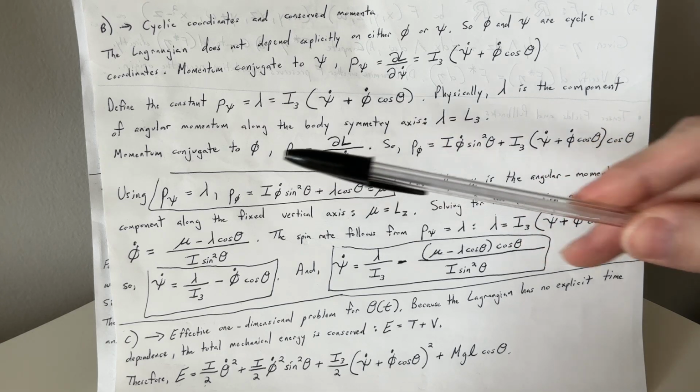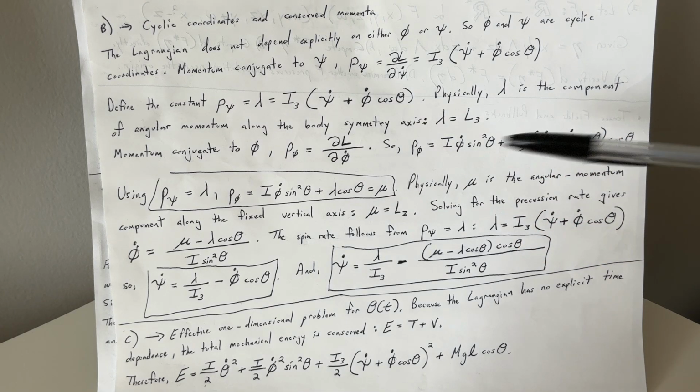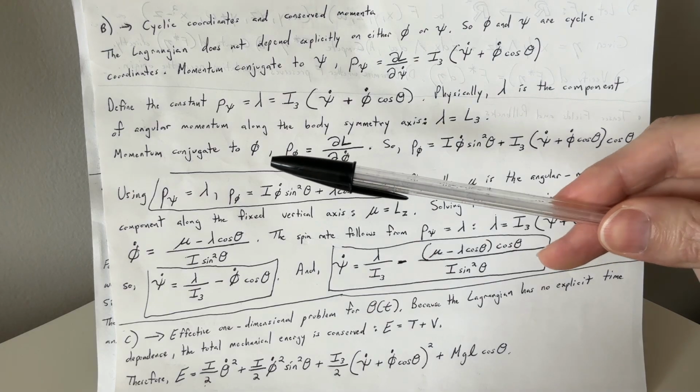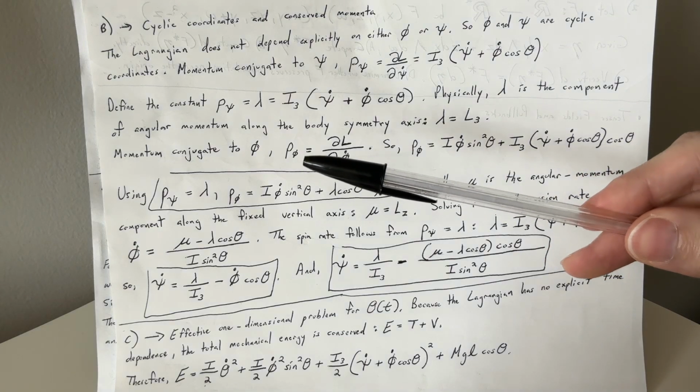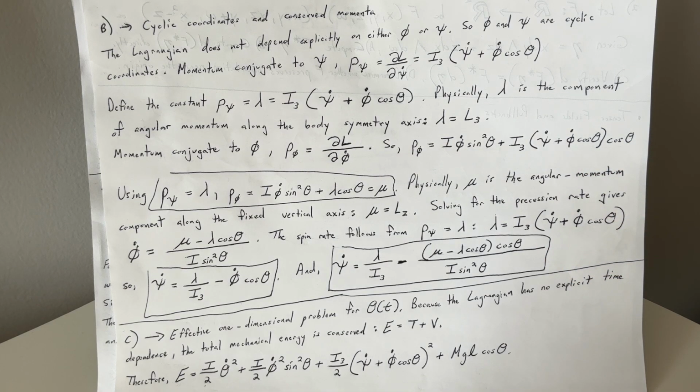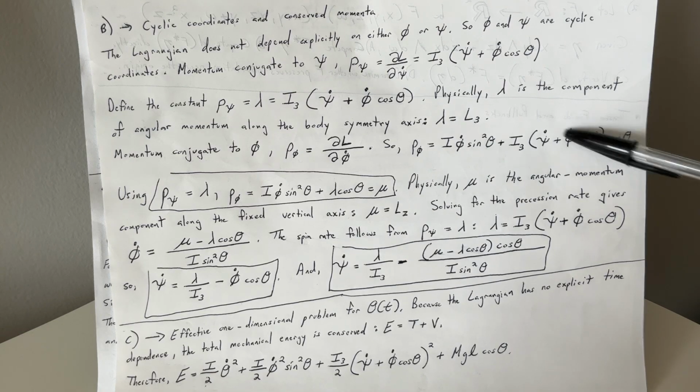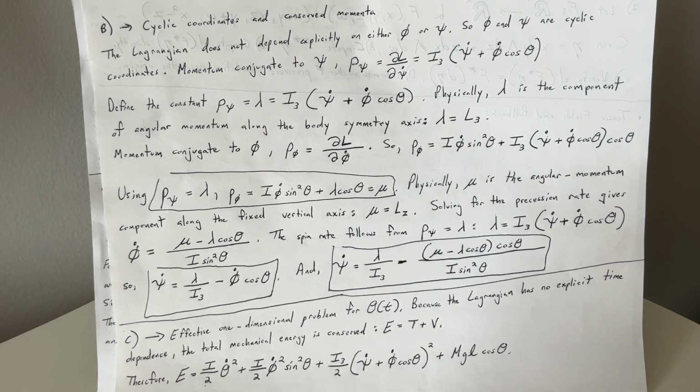So the momentum conjugate to phi, p sub phi, equals the partial derivative of L with respect to phi dot. So p sub phi equals I phi dot sine squared theta plus I sub 3 times the quantity psi dot plus phi dot cosine theta, times cosine theta.